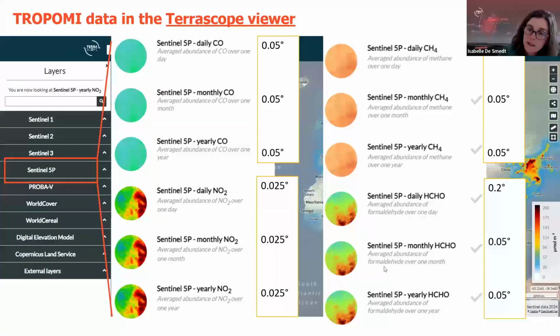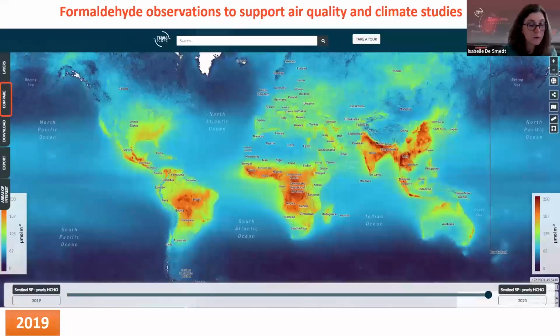And then for formaldehyde, we use a coarser resolution for the daily maps in order to reduce the noise on the observation. And then for monthly and yearly observation, we use the same fine spatial grid as CO and methane. Okay, so let's move on with some example of formaldehyde product and application.